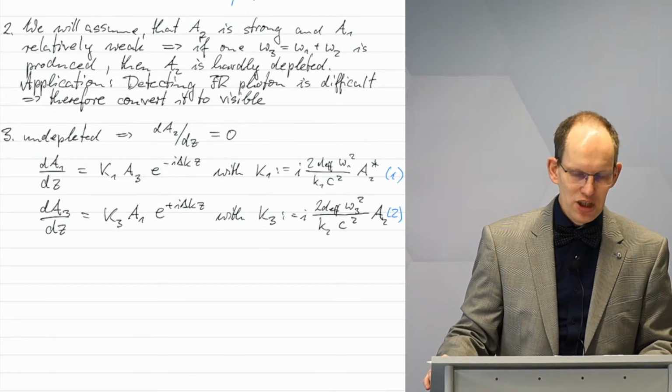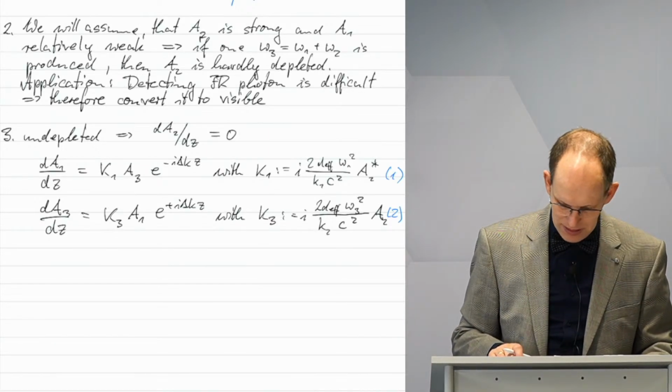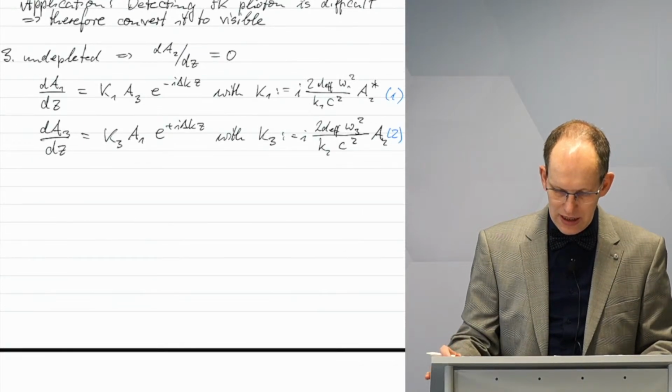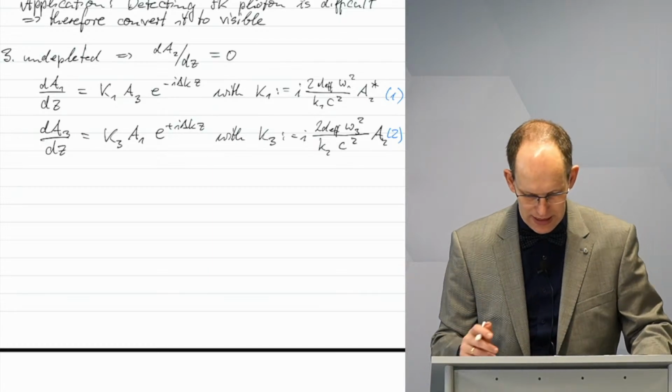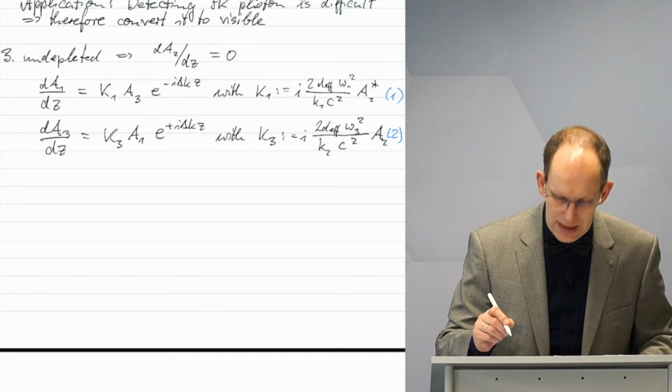And as you can imagine, it's particularly simple if we do this for perfect phase matching, for delta k equal to 0. And this we'll do.